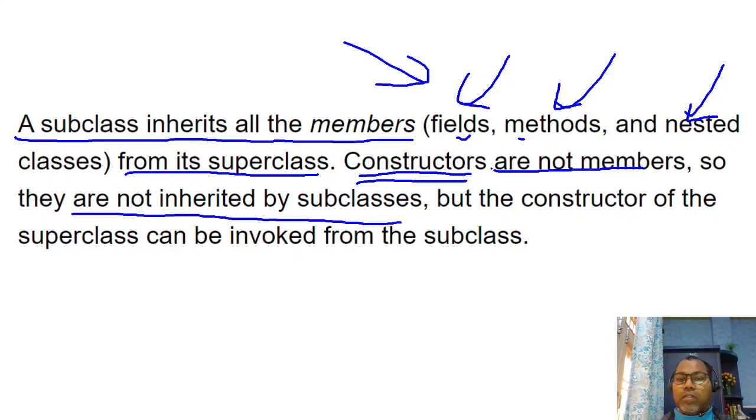Generally in a class you can define fields, methods and nested classes, and you can also define a constructor, but a constructor cannot be inherited because a constructor is not a data member of any class. A constructor is a place where you can initialize your data fields, class fields. So constructors are not inherited.